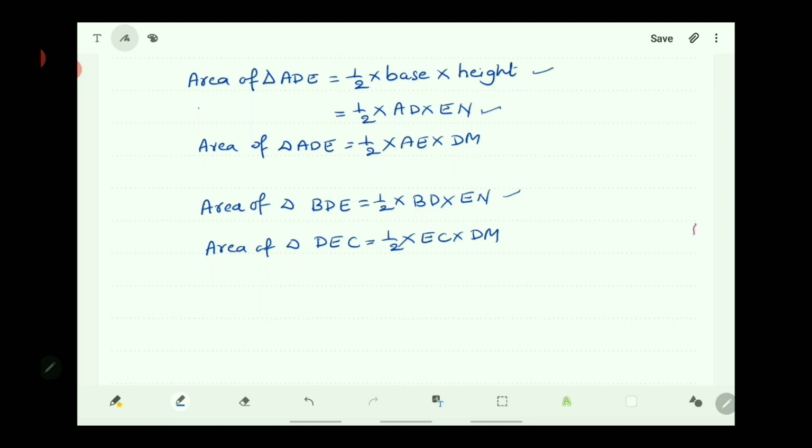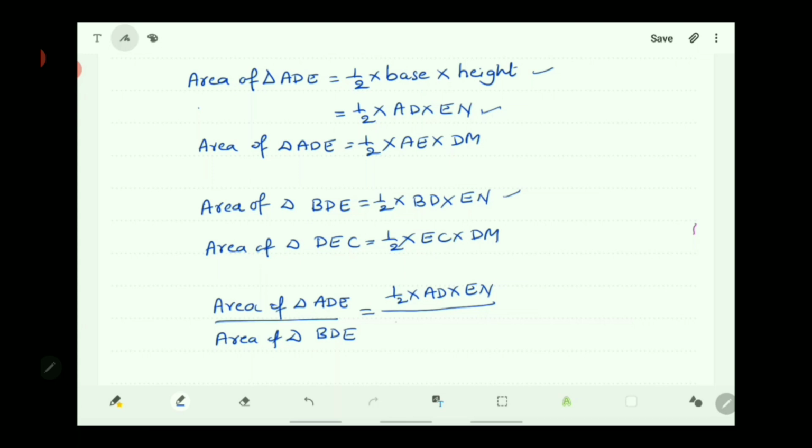So you take the area of triangle ADE by the area of triangle BDE. That is equal to half into AD into EN by half into BD into EN.